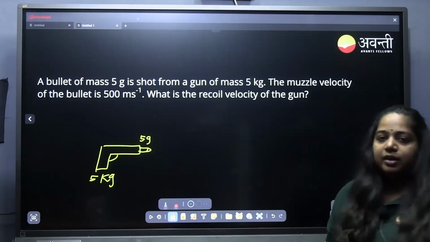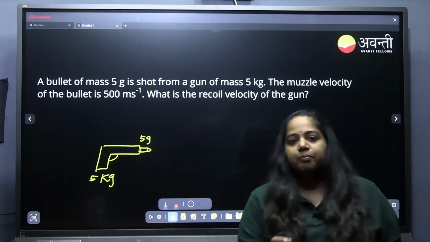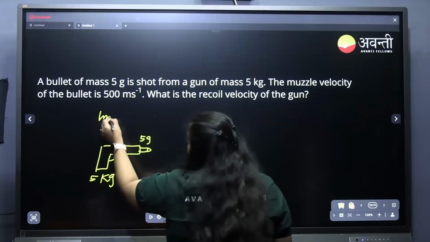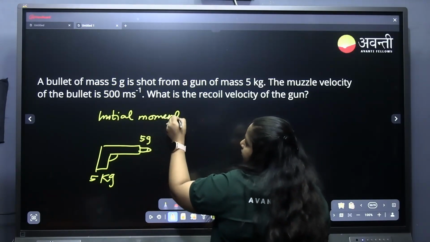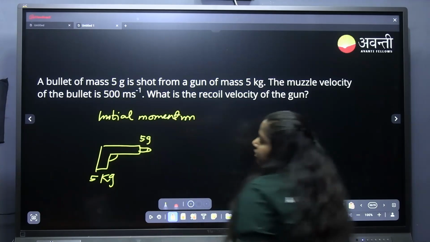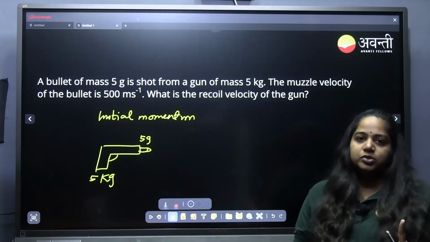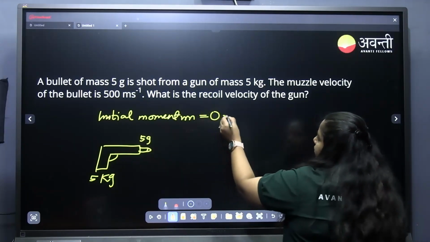Both are at rest. The bullet is inside the gun. Initial momentum will be what? Total mass into total velocity. It is not moving, so velocity is 0. So initial momentum is equal to 0.